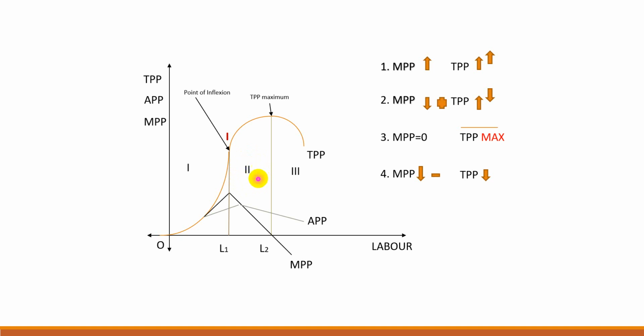Stage 2, diminishing returns to a factor. Stage 3: when more and more units of variable factors are employed, keeping other factors constant, in this stage, negative returns to a factor, MPP becomes negative and TPP slopes downward, or TPP decreases.